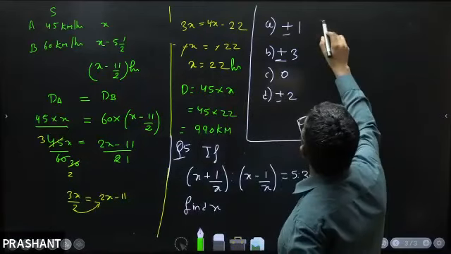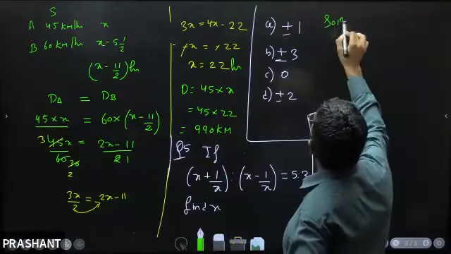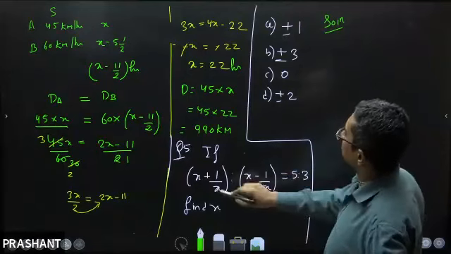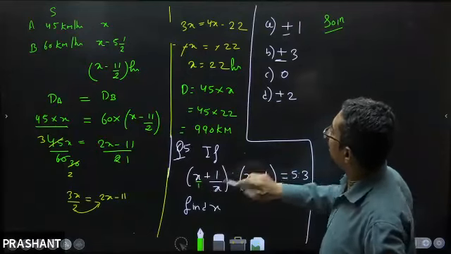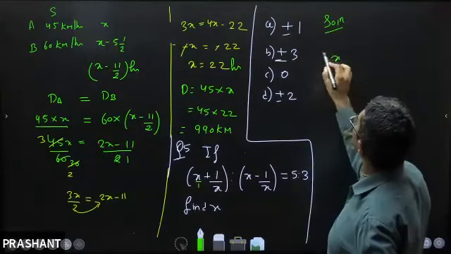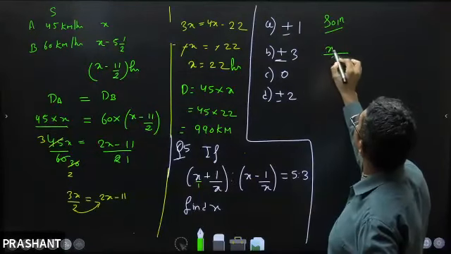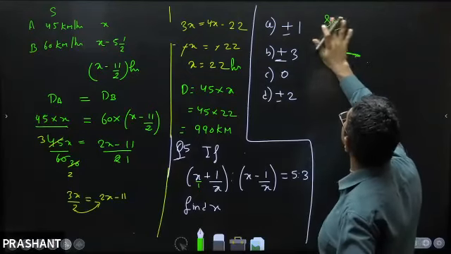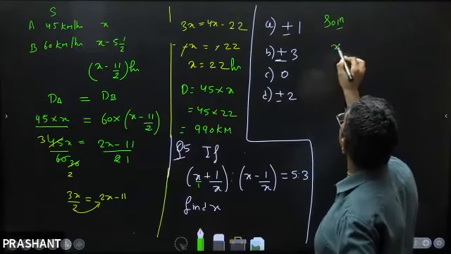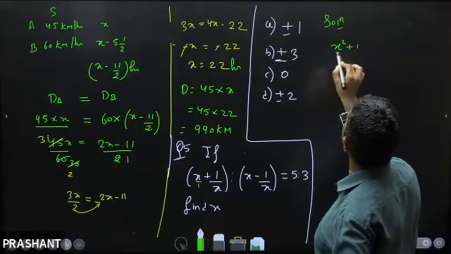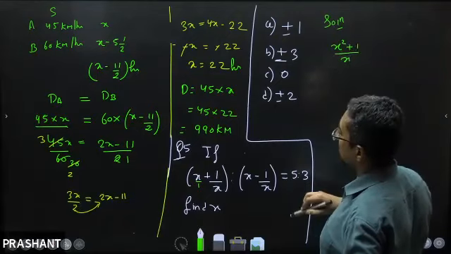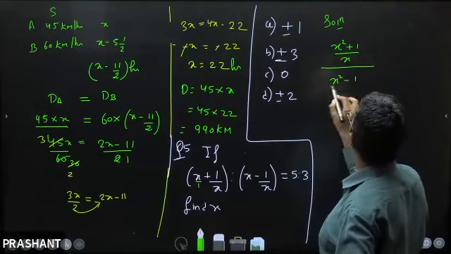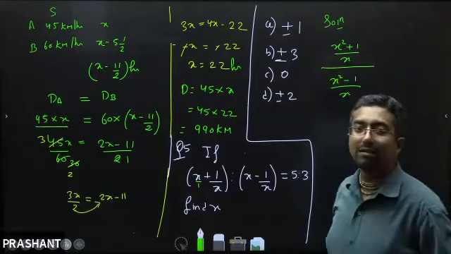So this is nothing but the solution. So this can be done as, how can we write this? If you put 1 here, that is x upon x square plus 1, correct? So x square plus 1 upon x, and then you have upon x square minus 1 upon x, correct?